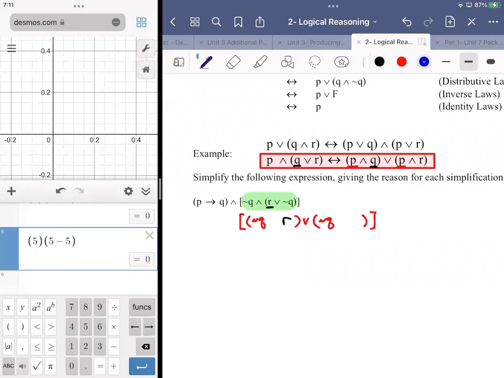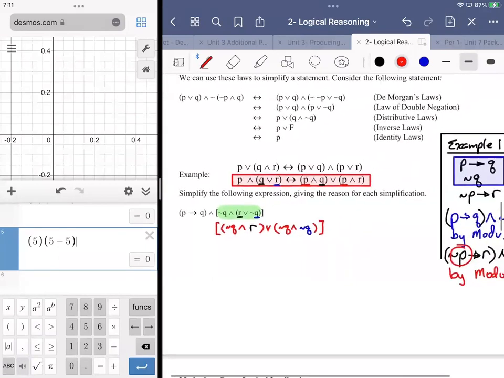We're going to go red. And then I have this not Q over here. That's taking on the role of R, so not Q, and that's another and. So the argument seems to be getting worse, but it's about to get a little bit better. And we'll see. This is a distributive law.